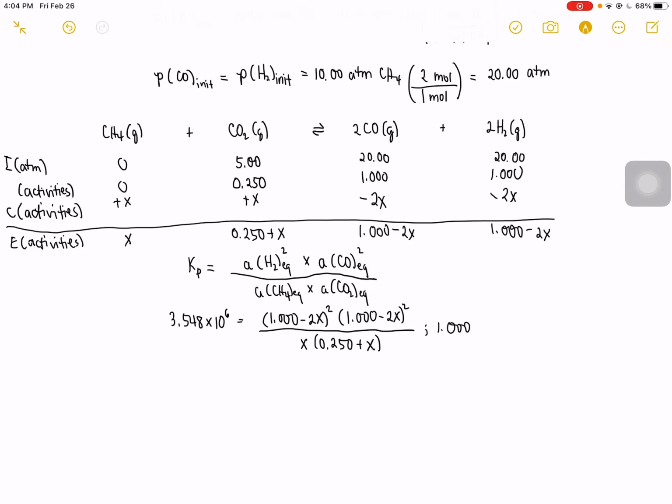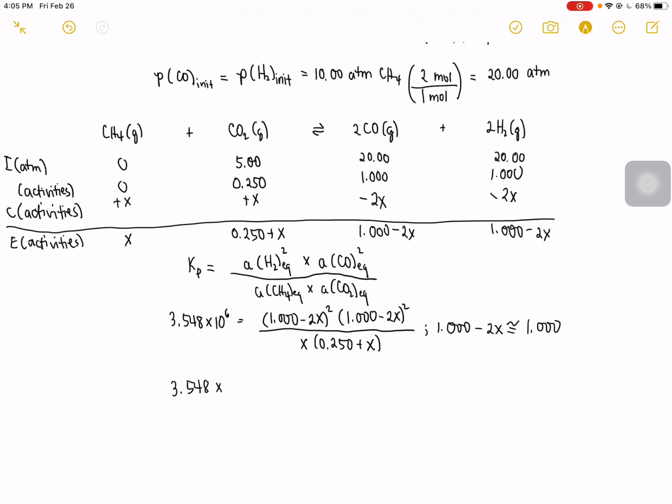Namely, that the amount of products that are used up is so small that basically the equilibrium activity of our products is just about the same as their initial activities. Doing so simplifies our computation tremendously. So we're left with the following.